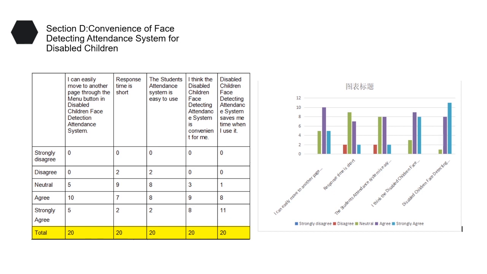The student's attendance system is easy to use. I think the disabled children face detecting attendance system is convenient for me. And the last one is the system saves me time when I use it. And we also can clearly see over half of the participants answer agree and strongly agree.